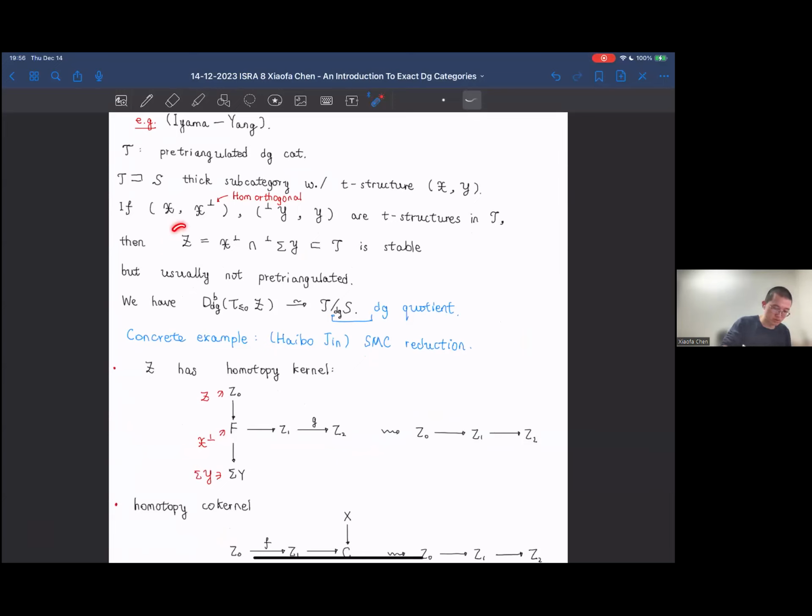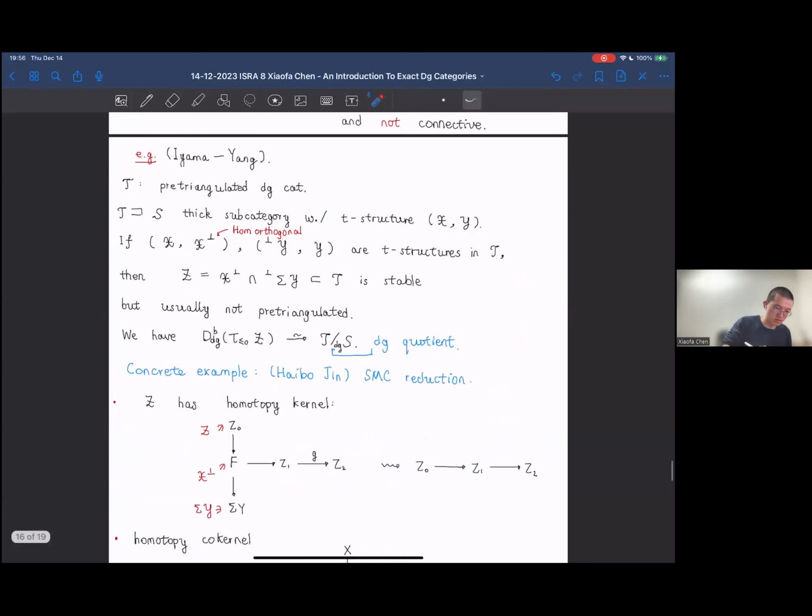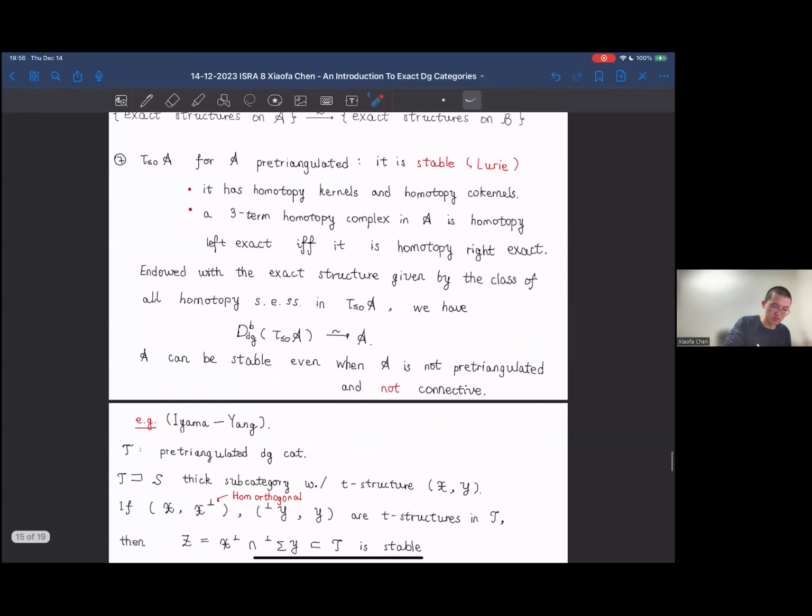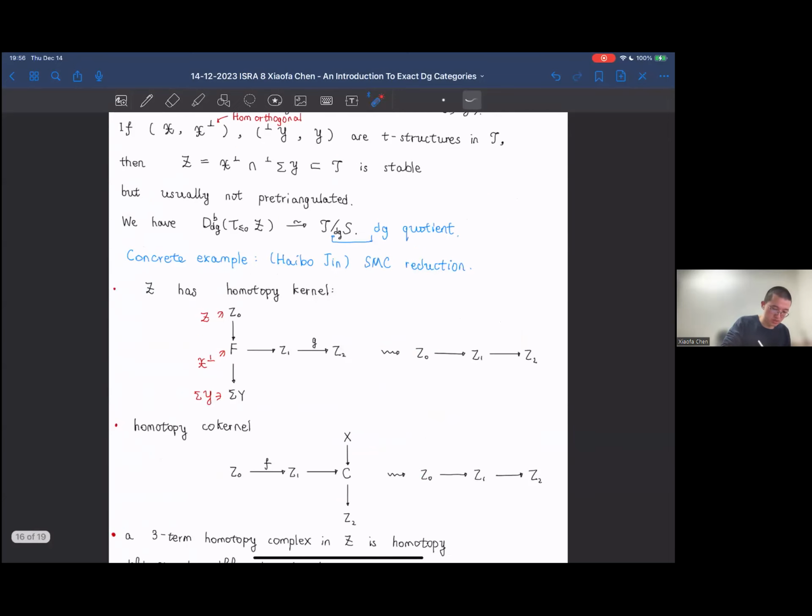So I will check that Z has homotopy kernels and homotopy co-kernels, and that a 3-term homotopy complex in Z is homotopy left exact if and only if it is homotopy right exact. So first, we take a morphism g in Z, a morphism from Z1 to Z2.